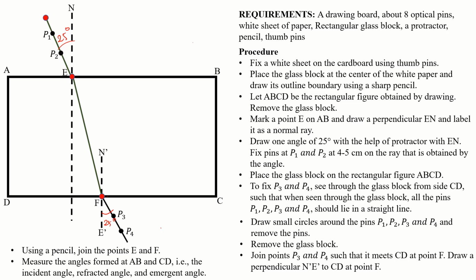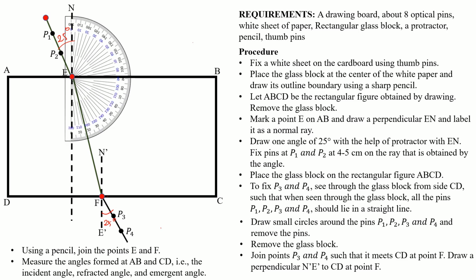So you can measure and verify. Now let's measure the angle of refraction, or the refracted angle. So we place our protractor and we read. We are measuring with respect to the normal n. So here we come, we have 0, then this 15, it should be at about 17.